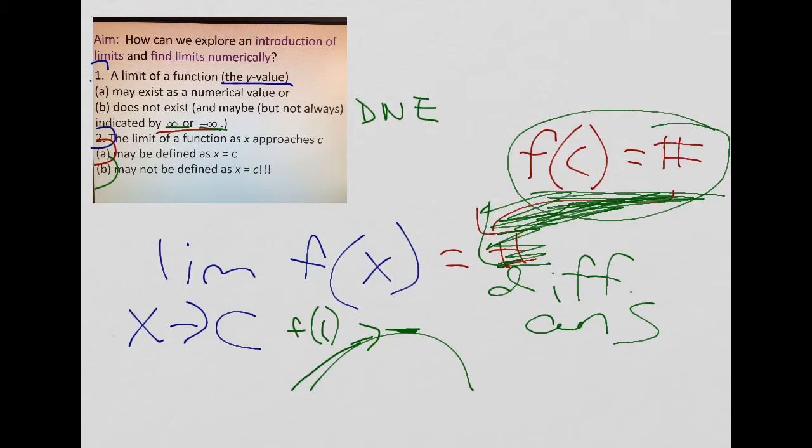It's not always that y value. It just made sense from both directions. It was going to this particular y value. I'm sorry for scribbling all over, but we will get to some examples and it'll make more sense.